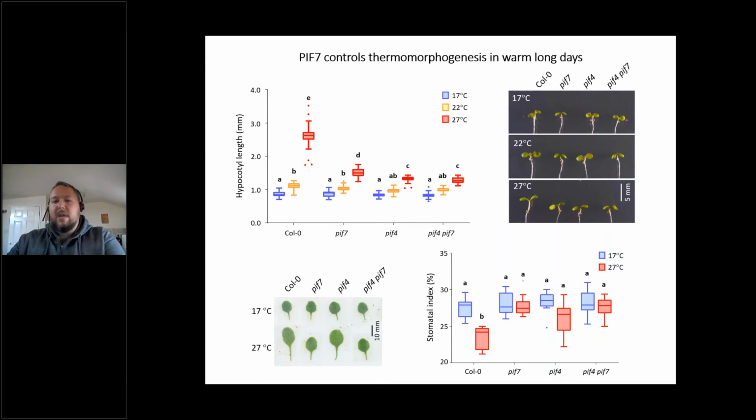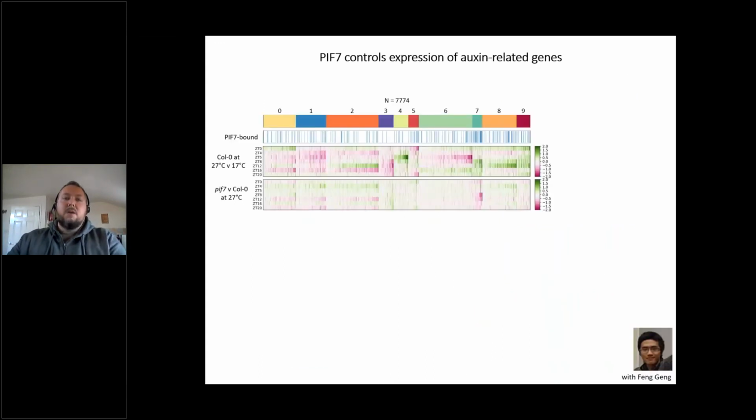But what about at the molecular level? To address this, we performed an RNA-seq experiment, which I analyzed with the help of Fong in the lab. In this RNA-seq experiment, it was basically a time course of wild type and PIF7 mutant plants grown at 17 and 27 degrees. If we first focus on the upper panel here, that's the wild type compared at 27 and 17 degrees.